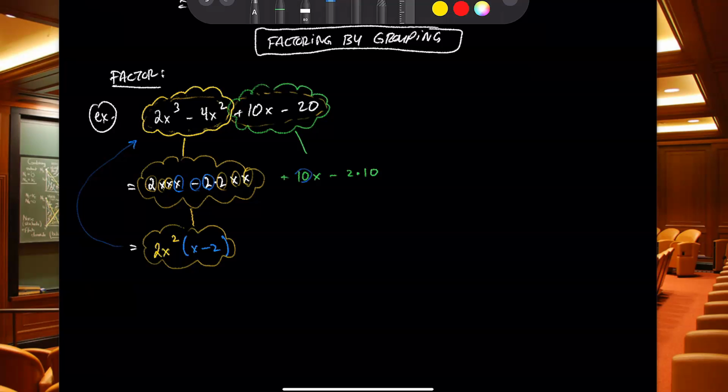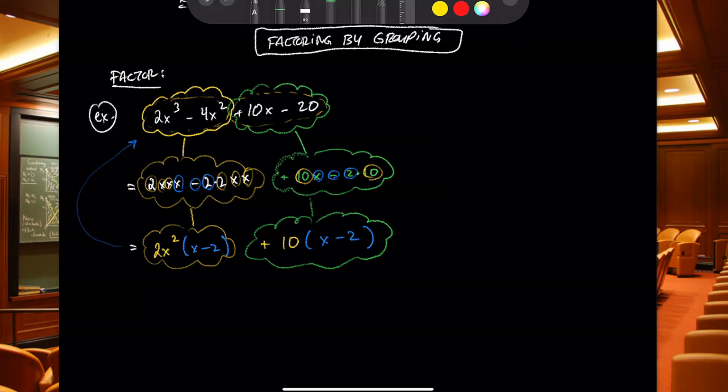But we see both of these got a 10, and that's about it, right? And what we're left with on the inside is x minus 2. I'm actually going to swap my color so we don't get confused here. So we have a common factor of 10, and what was left on the inside was x minus 2, right? So we're left with plus 10 times x minus 2. So again, this is what this must have come from.